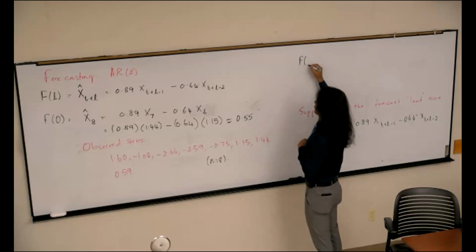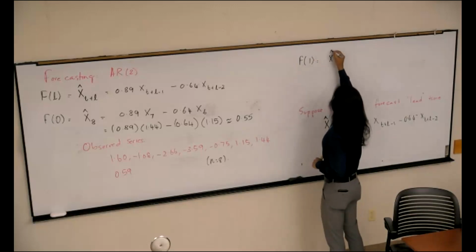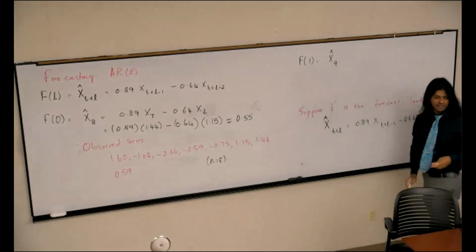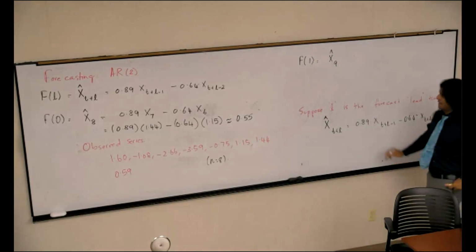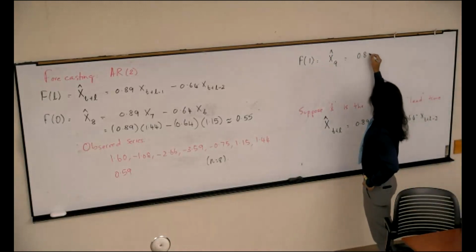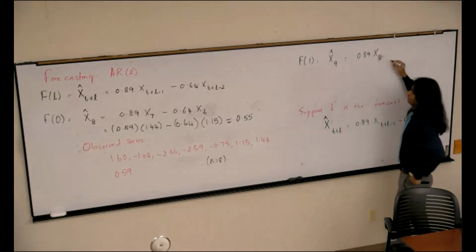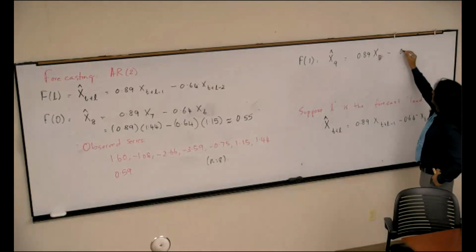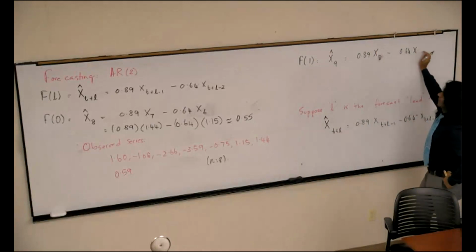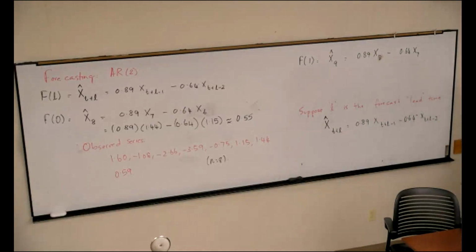Lab 1. You're forecasting 1 step ahead. So that was equal to 0.89 times x of t, which is 8, plus 1 minus 1, you get 8, minus 0.64 times x of 8 plus 1, 9, minus 2, we have 7. Do we have x8? Yes.